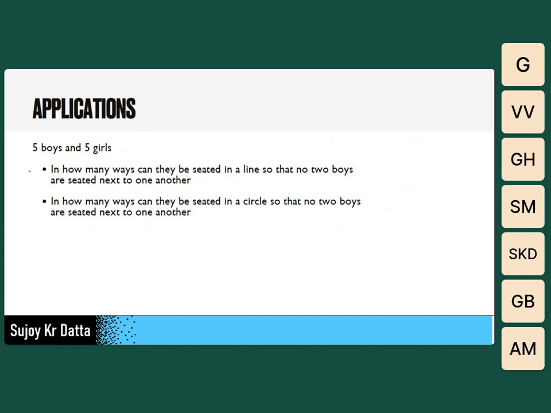All right, let us take a look at this one. We'll take a look at circular arrangements later on in the next lesson. For now, let us finish today's lesson with this last question.